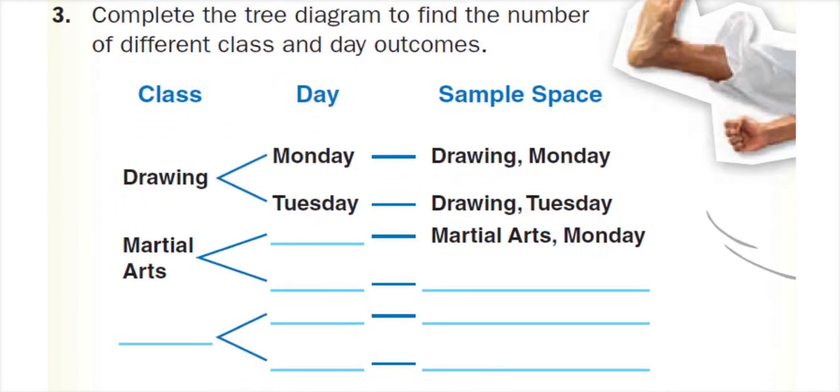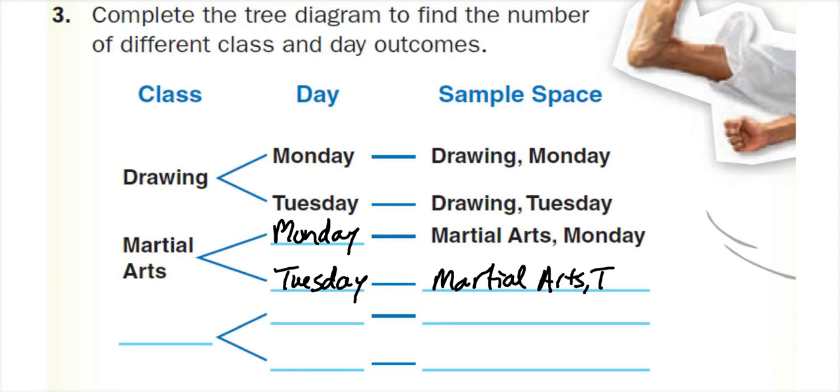Okay, then complete the tree diagram to find the number of different class and day outcomes. All right, so he could do drawing on Monday, he could do drawing on Tuesday, he could do martial arts on Monday or on Tuesday. So that means we will end up with martial arts on Tuesday.